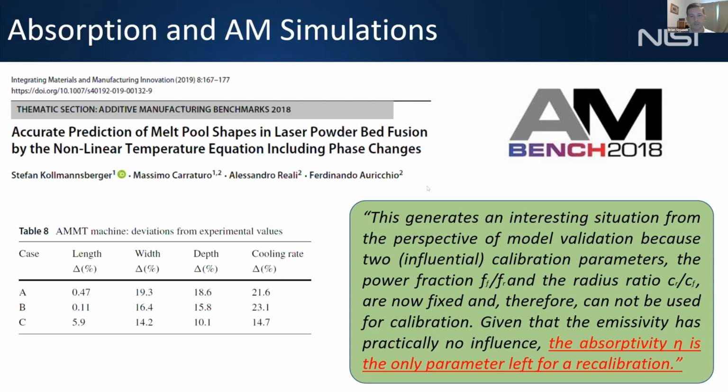And so what they claim is all that was left for them as a tuning parameter was the absorptivity. As an experimentalist, this is great, because that means let's fix the absorptivity and focus on that parameter to be one less tuning parameter.